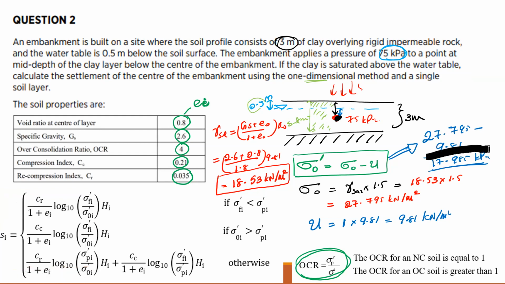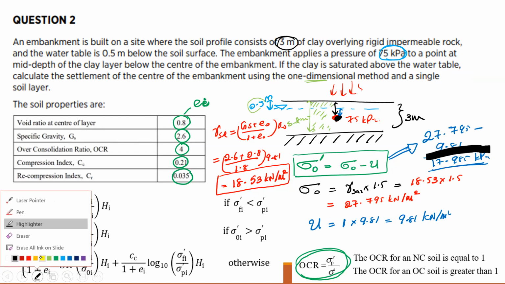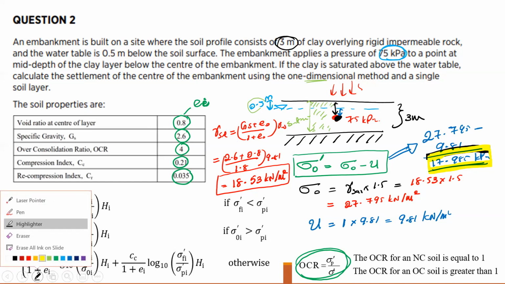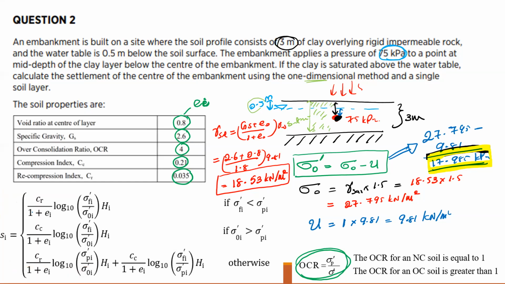So this is found. That's good. Now the second one, the final value. How do we find that final value? We do the same thing, isn't it?